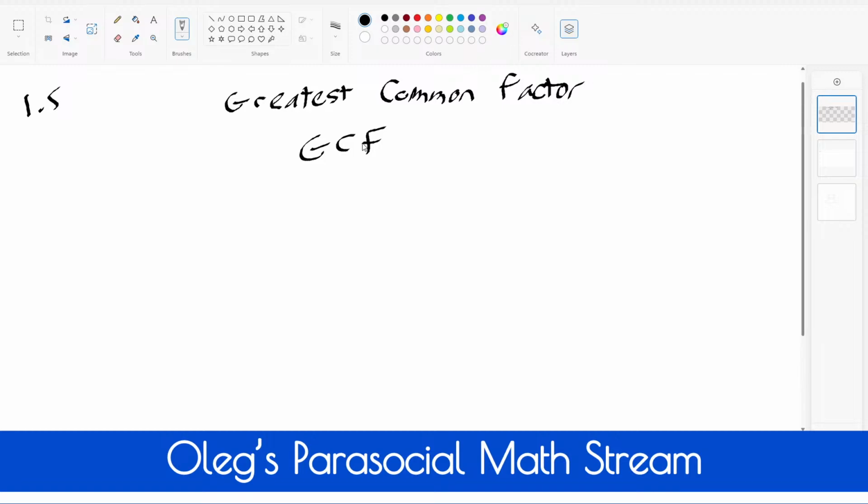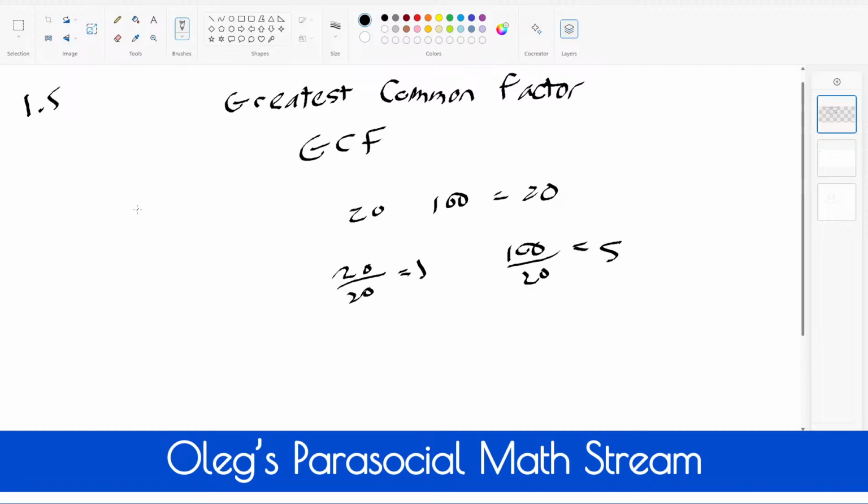By evenly, it means there's no remainder. So you take two numbers, say like 20 and 100. What is the greatest common factor of this? It is actually going to be 20 in this case, because 20 divided by 20 is equal to 1, and 100 divided by 20 is 5.